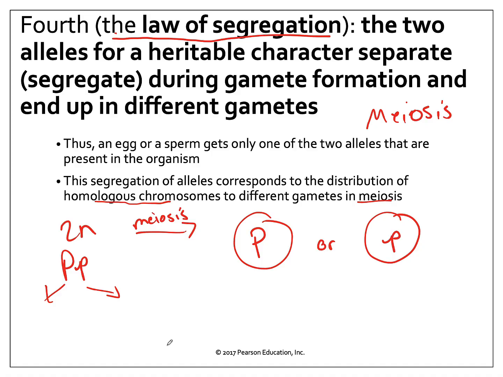And so we end up with gametes with only one allele for each character. So this individual can pass on a dominant allele or a recessive allele, but not both.